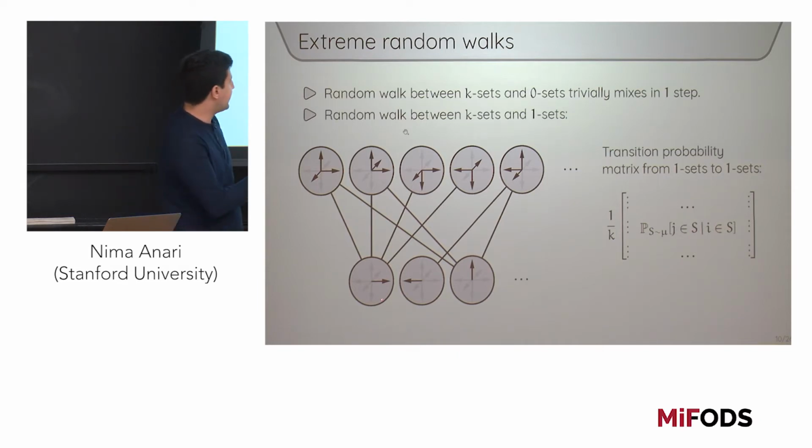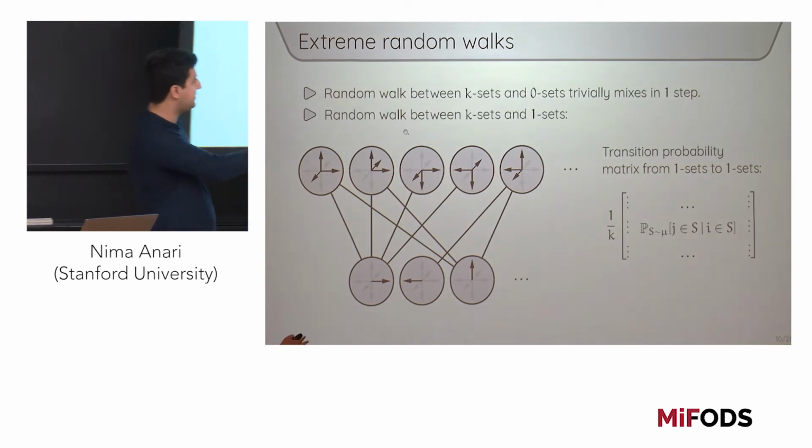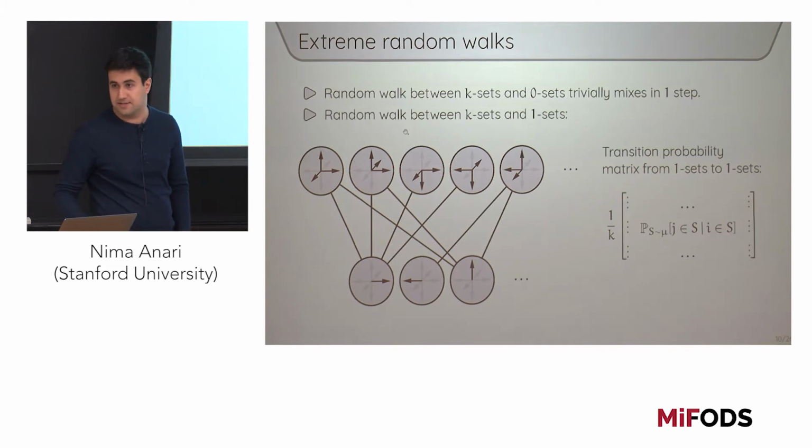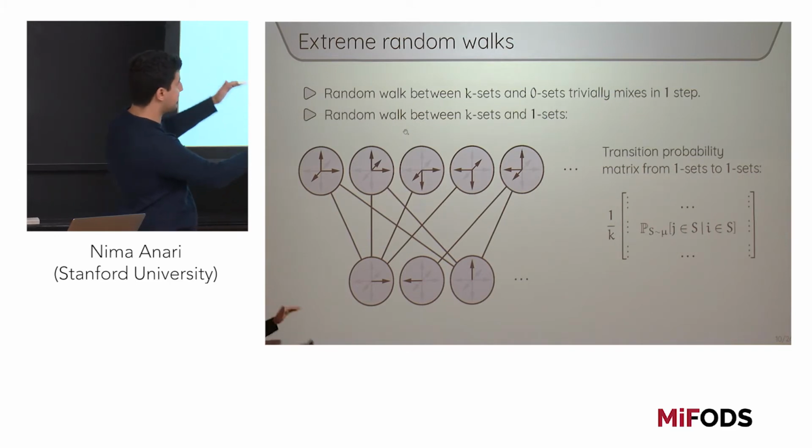The probability of transitioning from some element i to some element j is just the conditional probability of j being inside your distribution, conditioned on i being inside your distribution. And you have to actually divide this by k, because when you're at the top, there's a 1 over k chance of going to any element. So the properties of this random walk are entirely determined by properties of this matrix.